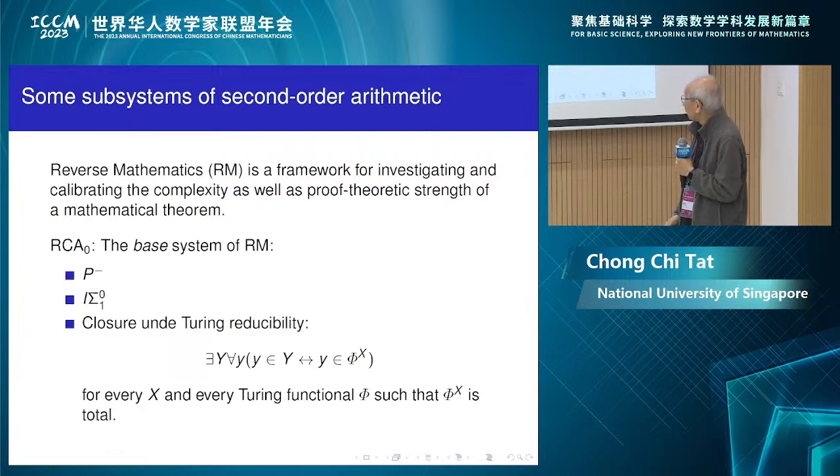And models of a system like that need not contain the power set. In other words, not all the subsets of natural numbers are in there.